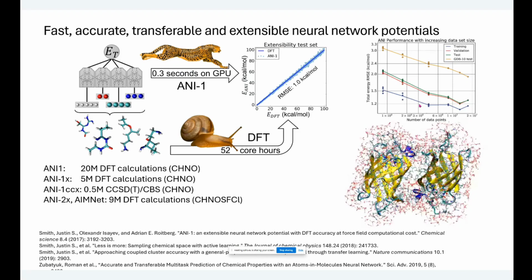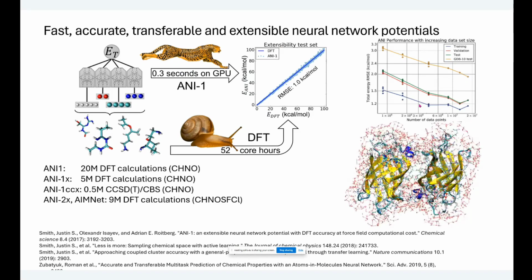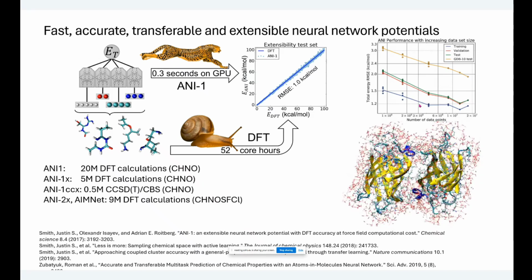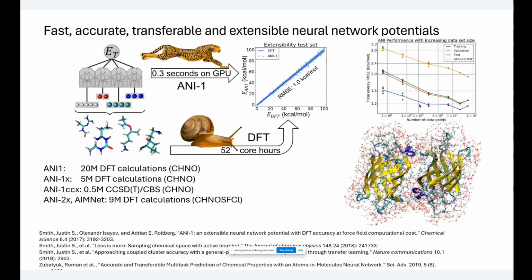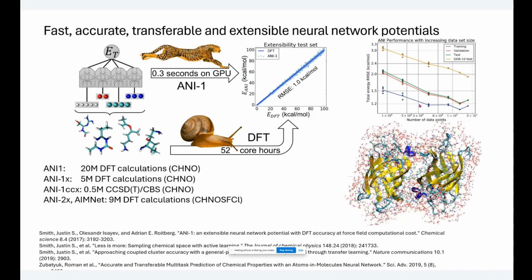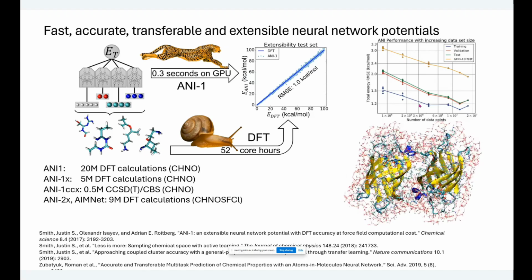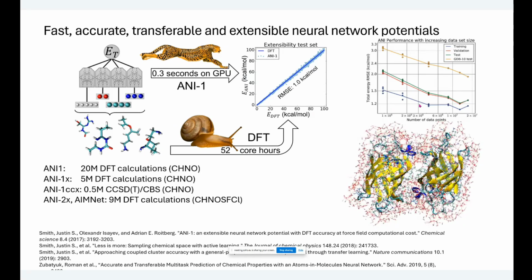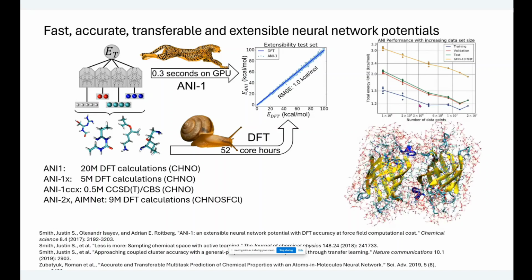How this actually works is everything in our group. Way before, it was a slightly different group. But everything started with ANI potentials, and it was a good breakthrough in the field to make a potential that's generally applicable to organic molecules, not system-specific. It was for neutral organic molecules.